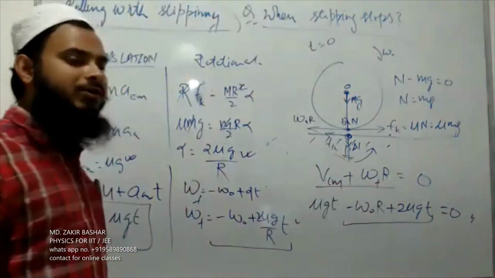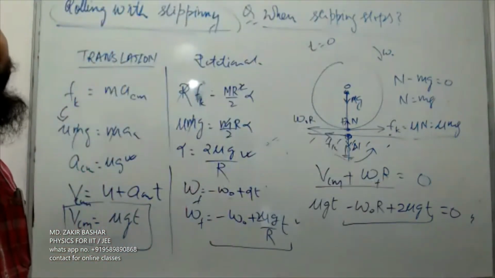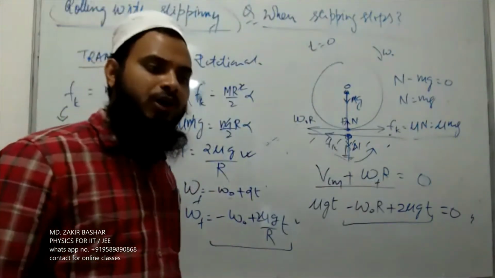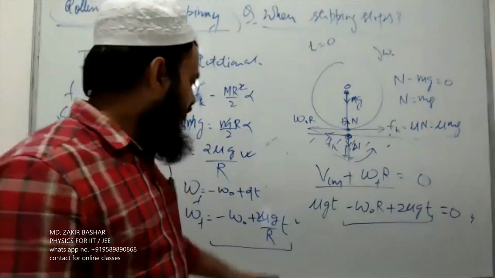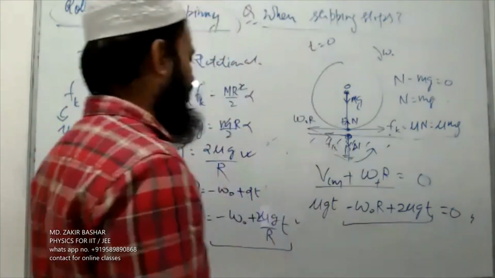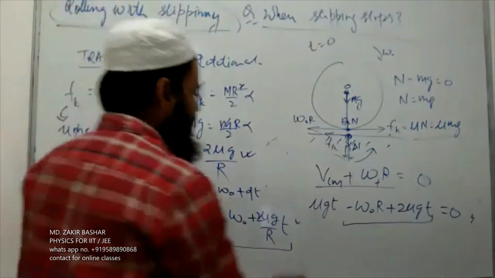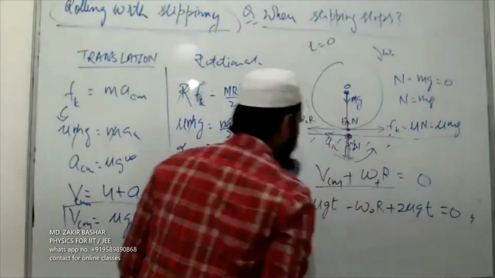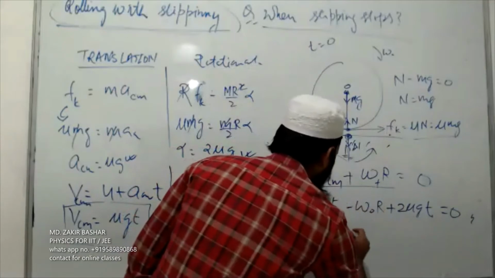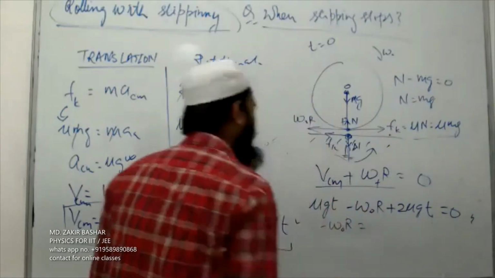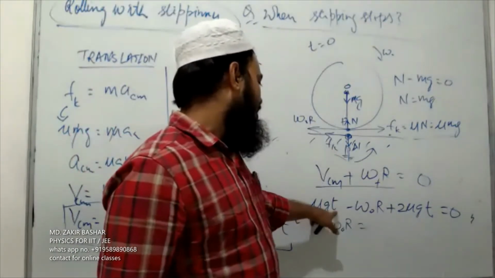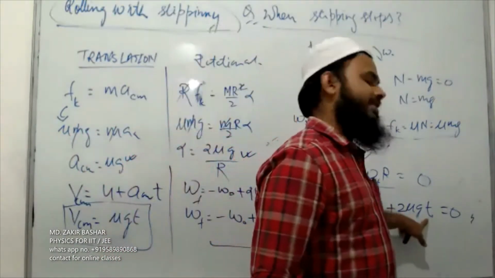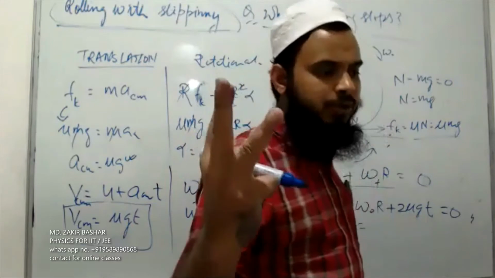This is how we calculate the net velocity of any point of a rigid body. We have already discussed it in the last week. So from here you can calculate: minus omega naught into R plus mu g t plus 2 mu g t, which is 3 mu g t.